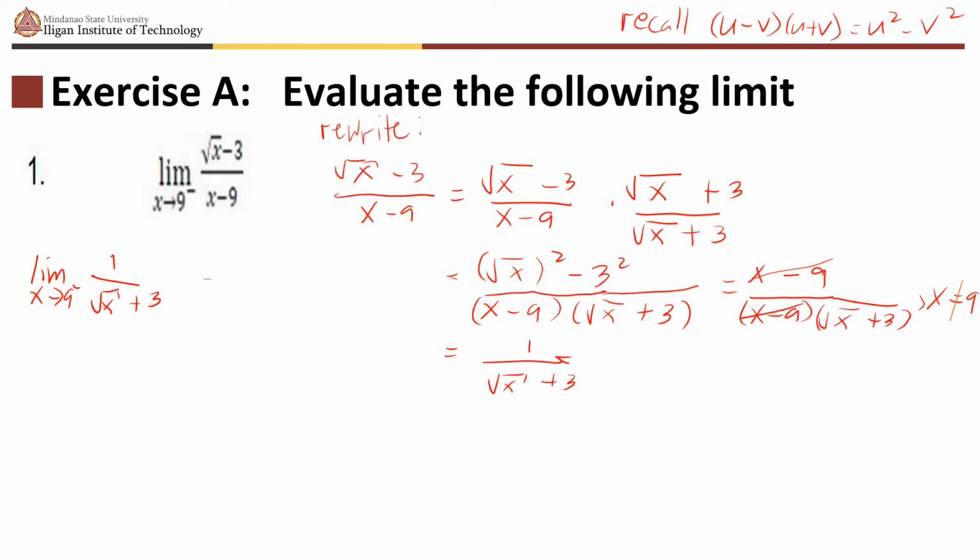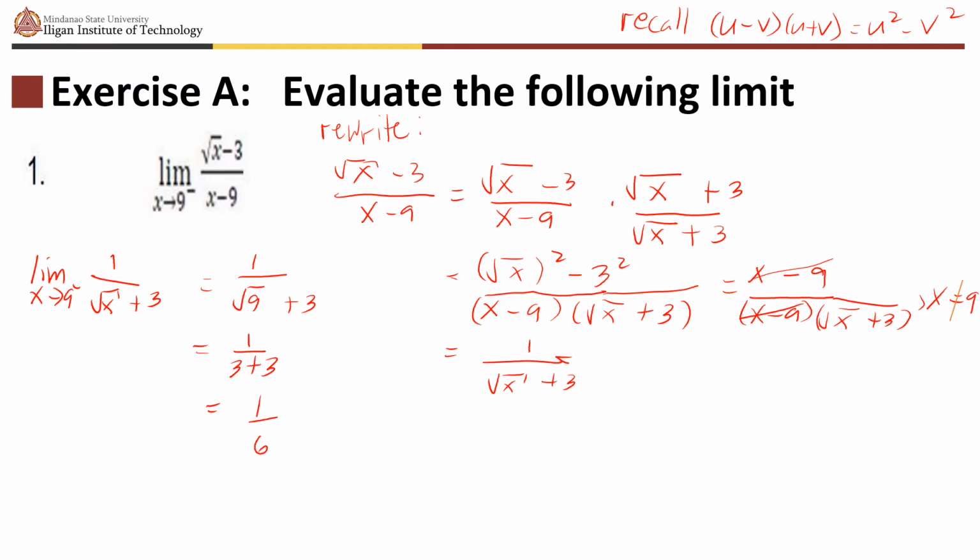So that is now equal to 1 over square root of 9 plus 3, which is equal to 1 over 3 plus 3, which is now equal to 1 over 6.